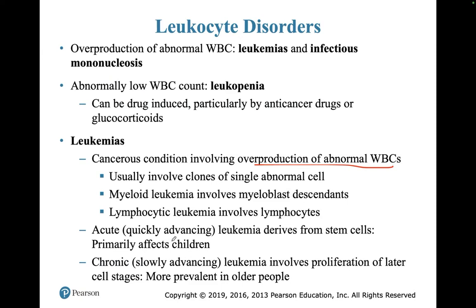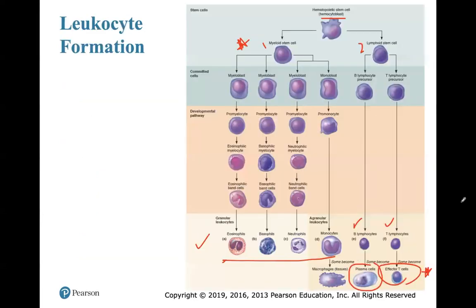It can be acute and quickly advancing in children, but for adults, it could be slowly advancing. Because the proliferation in adults happens in the next stage. Some of these late cell lines go into a cancerous line, or they get mutated and then start overproducing these.